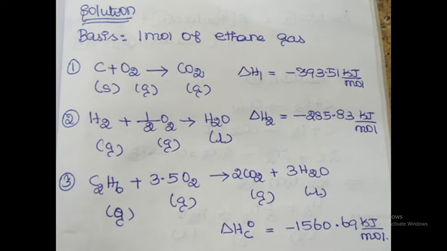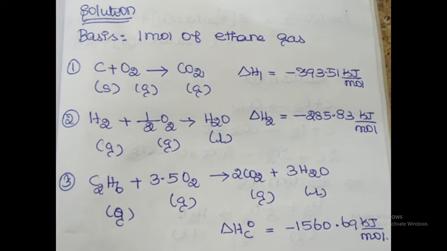Okay. So procedure for solving a Hess law problem: step number 1. Based on given data, you should write the stoichiometric chemical reactions. So the first value, carbon dioxide formation. As per the data, C plus O2 gives CO2, carbon in solid form, oxygen and carbon dioxide in gaseous form, delta H1, that is standard heat of formation of carbon dioxide, minus 393.51 kilojoule per mole.